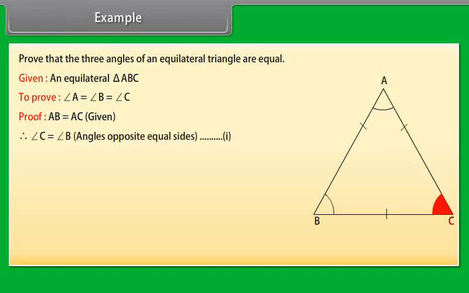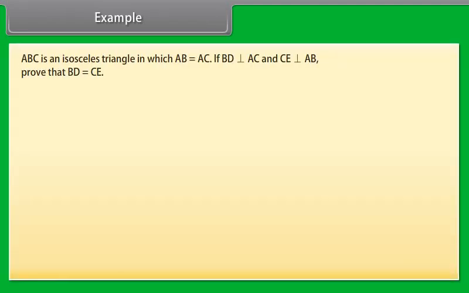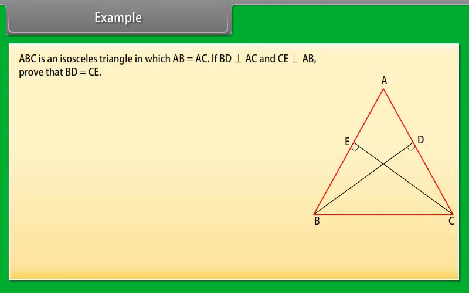Therefore, angle C is equal to angle B because angles opposite equal sides are equal. Mark it as 1. Also, AC is equal to BC is given. Therefore, angle B is equal to angle A. Mark it as 2. From 1 and 2, angle A is equal to angle B, which is equal to angle C.